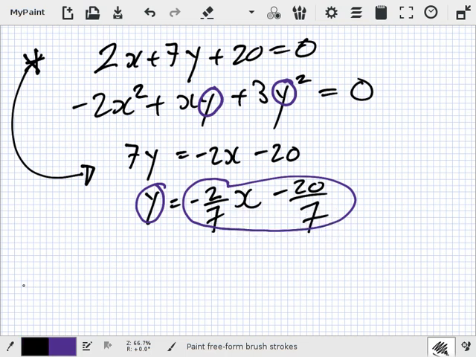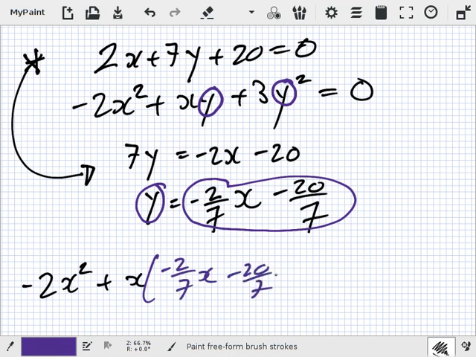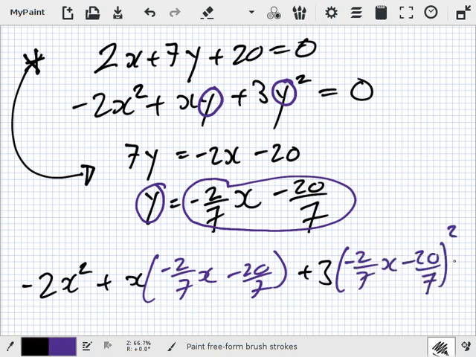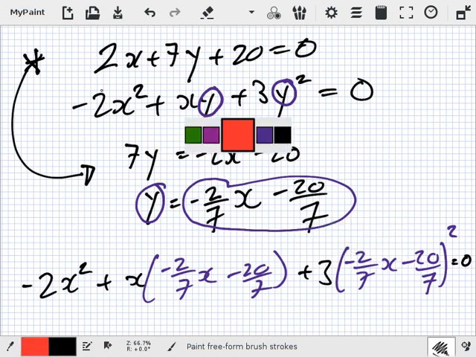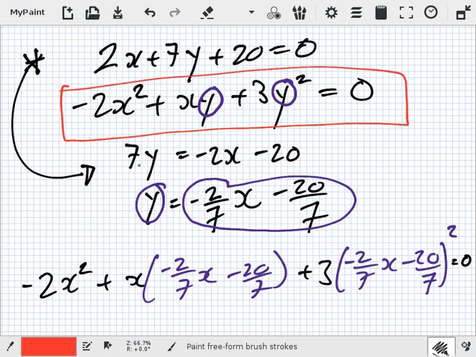So now I have minus 2x squared plus xy, and y is minus 2 over 7x minus 20 over 7, close, plus 3y, which is minus 2 over 7x minus 20 over 7 squared equals 0. Can you see what? It's a substitution. I've replaced the y in the second equation with this. So it's a replacement, a substitution.